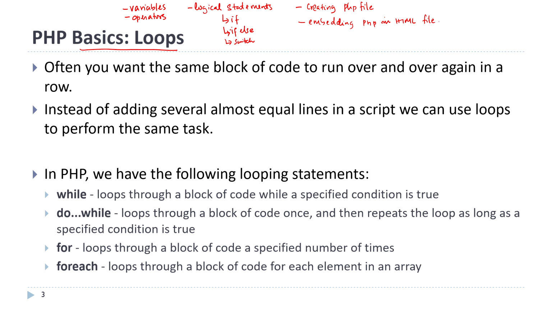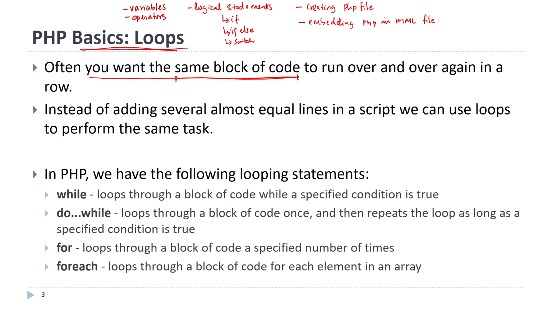Today we are going to enhance that, and we get into what we call loops. Loops are very important in any programming language, because most of the time the programmer would like to execute the exact same block of code over and over again in a row.